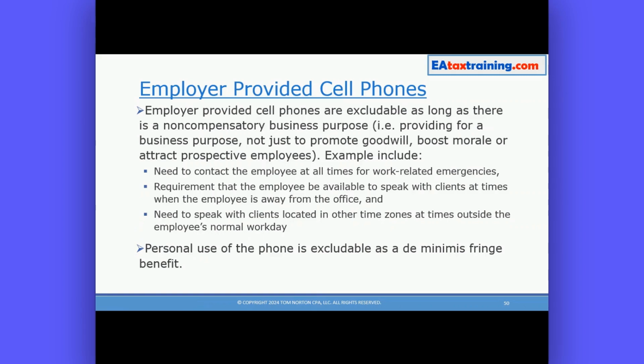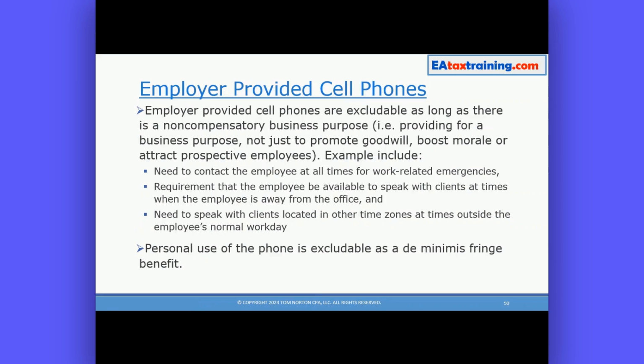Cell phones. Employer-provided cell phones are excludable as long as there is a non-compensatory business purpose for providing the phone. In other words, you're not providing the phone just as a perk to promote goodwill with employees or boost their morale or to attract prospective employees, but there's actually a business purpose for providing that phone.